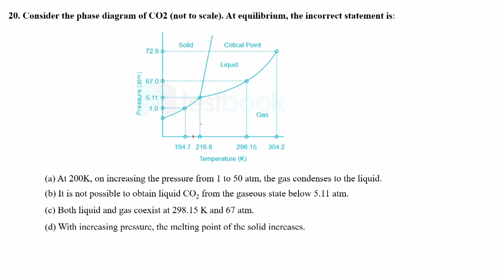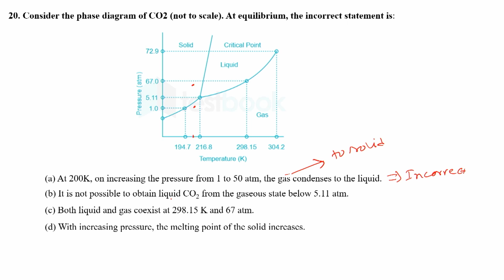If we increase pressure from 1 to 50, the gas condenses to liquid. This is incorrect, right? Because gas condenses to solid here, not liquid.